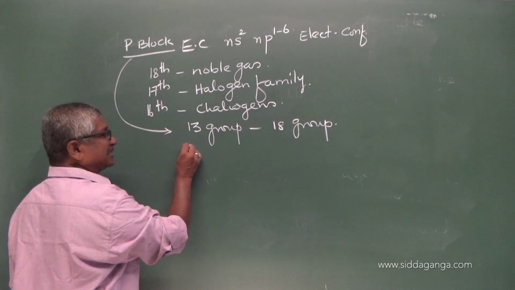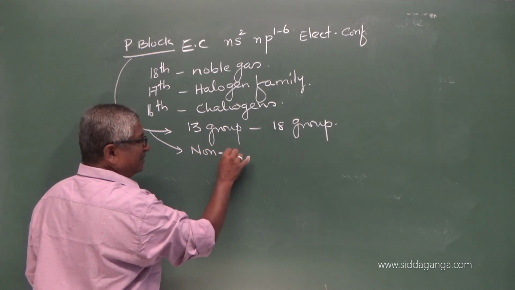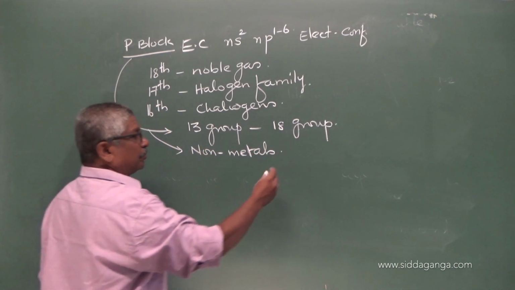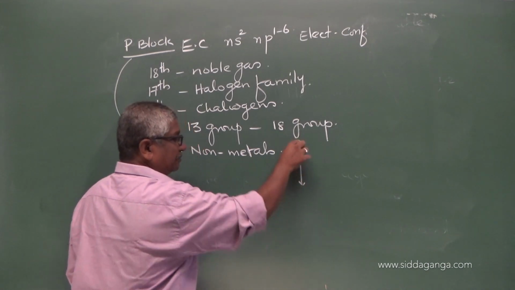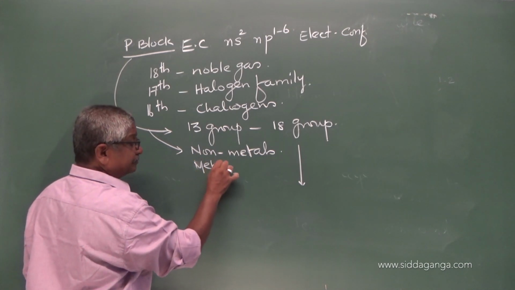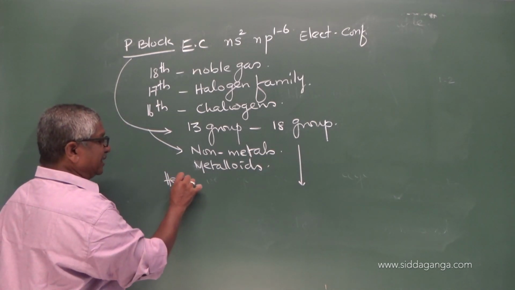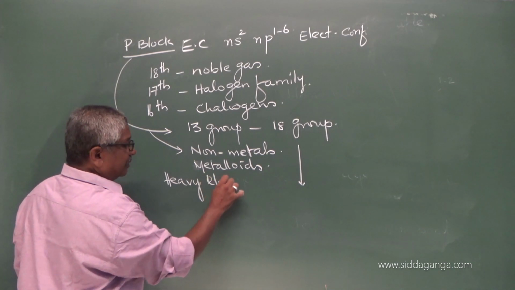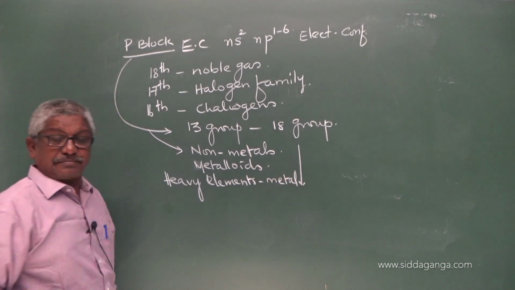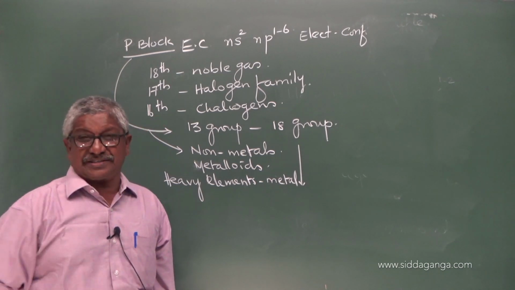At the top of these, there are non-metals. If we move from top to bottom, then we will face metalloids. Lastly, there are heavy elements that have metal character. But in S block, except hydrogen, all the remaining are metals.